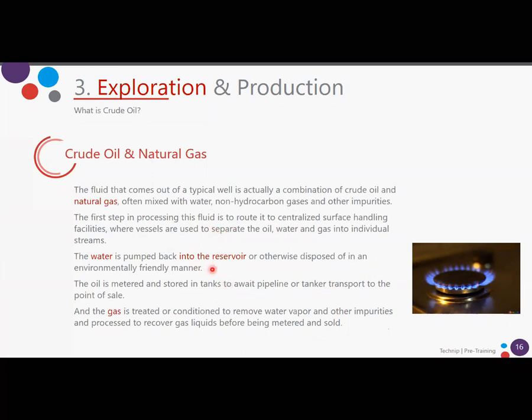If we cannot pump it back to the reservoir, we dispose of it in an environmentally friendly manner. The oil that we get is measured and stored in tanks, then transported by pipeline or tank to the point of sale.